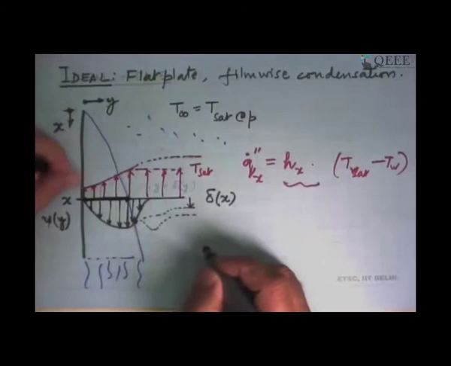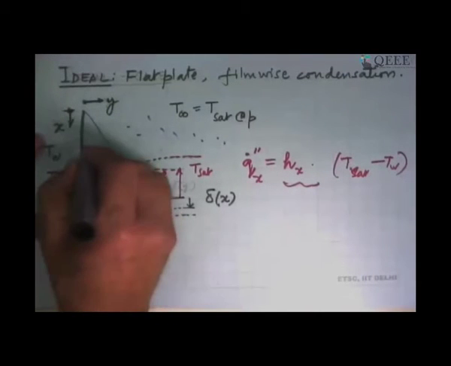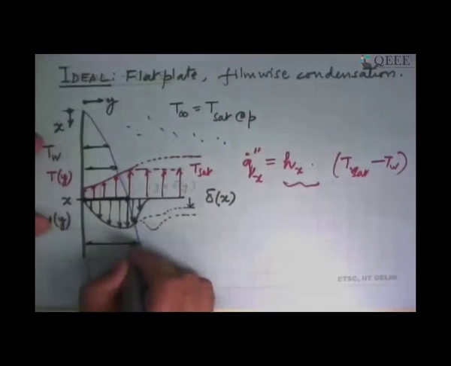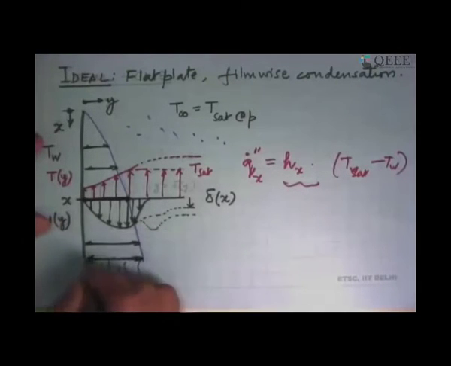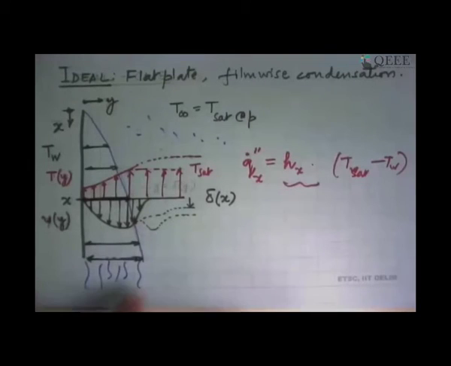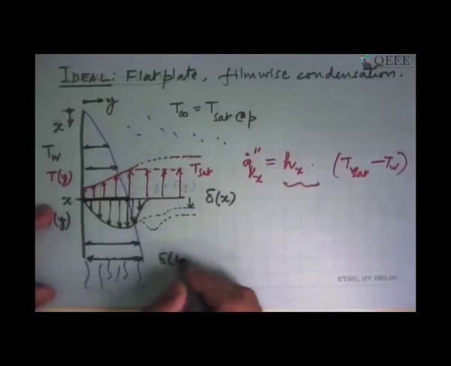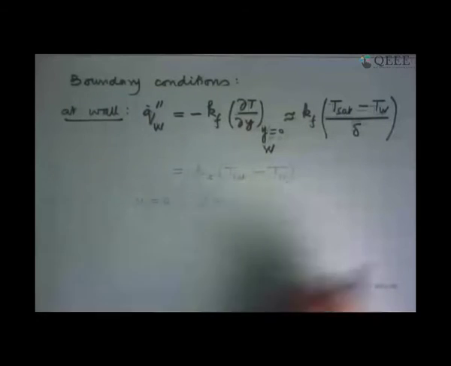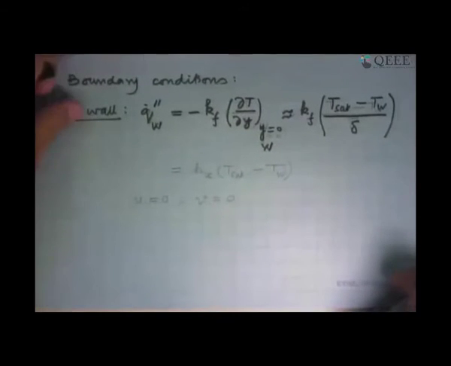That means as we keep going down, we can see that here the delta was this much, here the delta of the film thickness is this much, here the film thickness is this much, and when the fluid leaves the plate, the delta is this much. So this will be finally delta at L. We say that the height of the plate or the length of the plate is equal to L. So this is what we have, and we also know that we want to equate it to the heat transfer coefficient.